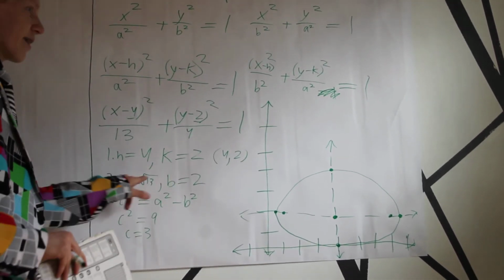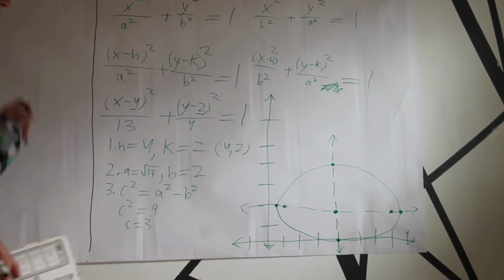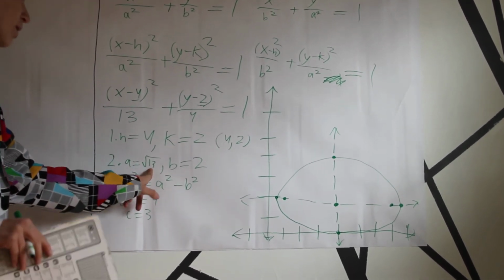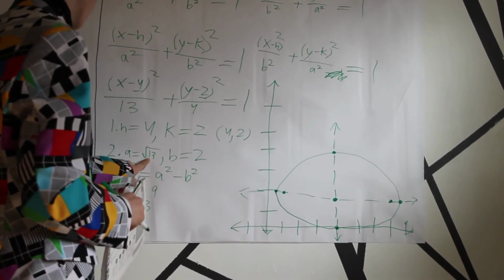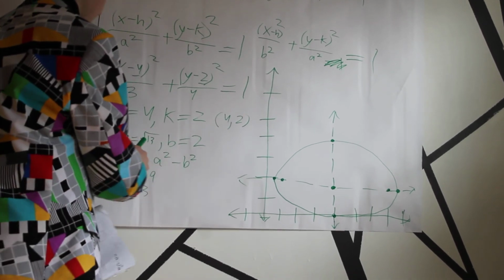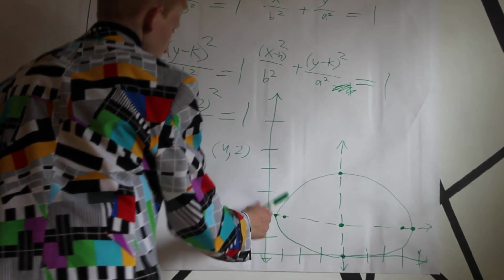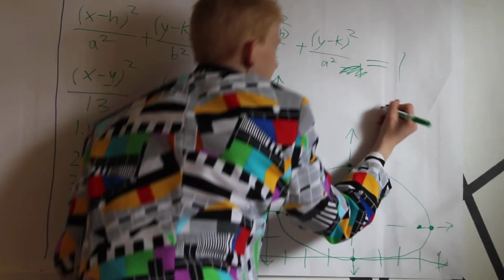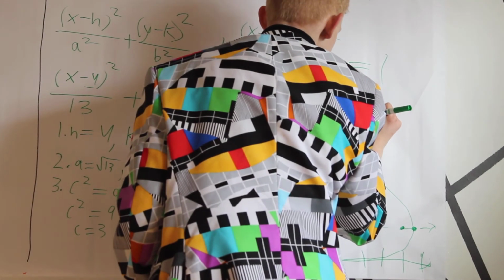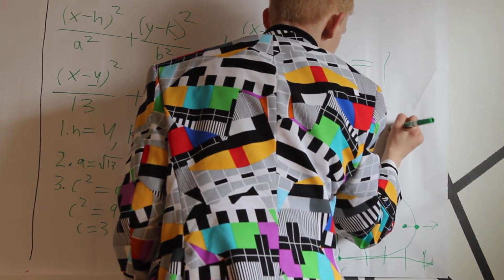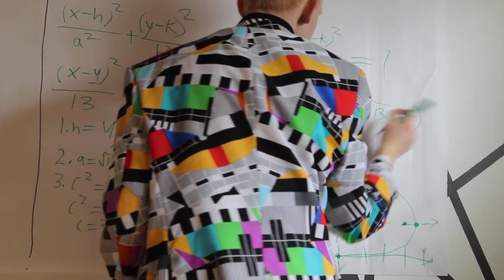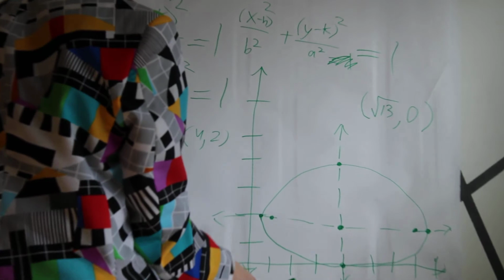A and B is very interesting because if you look, when we learned about this, A is under X, so all you were doing is square root of 13, 0. This is what you would be doing if the origin was 0.